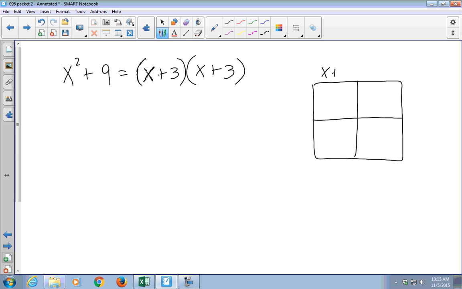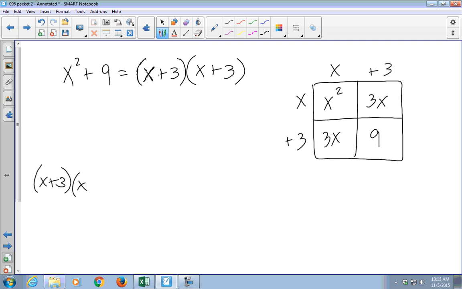So if I multiply x plus 3 and x plus 3, I get x squared, 3x, and 9. So when I multiply x plus 3 times x plus 3, I get x squared plus 6x plus 9. Yeah, so that is not the correct factoring for x squared plus 9.